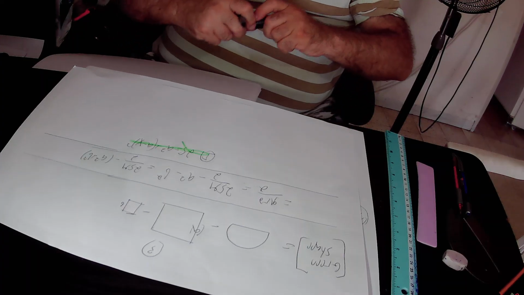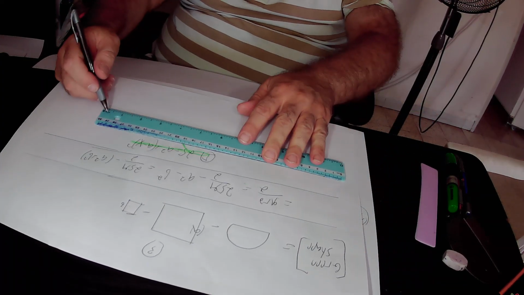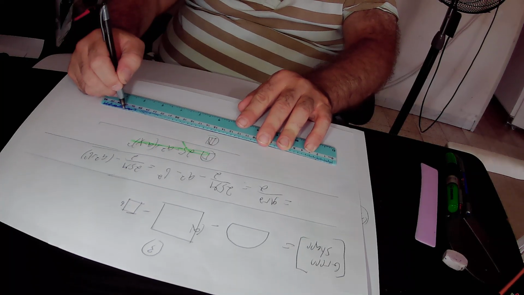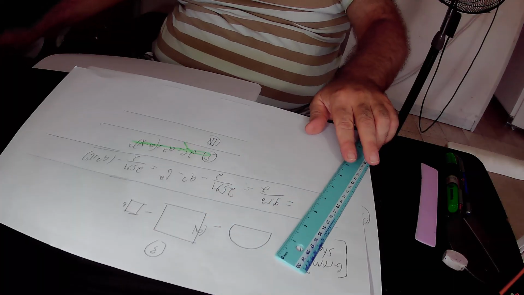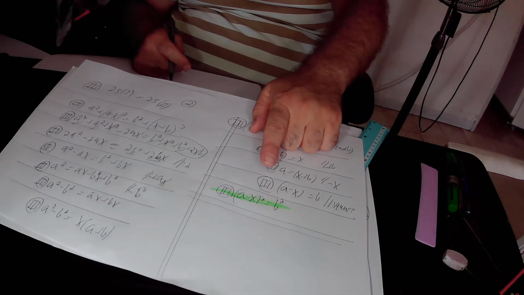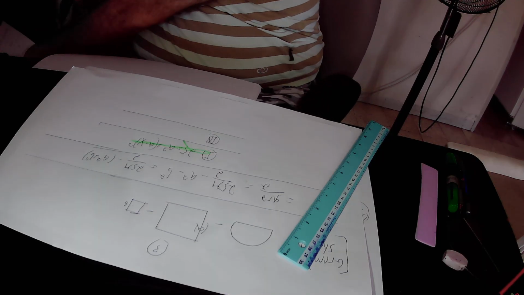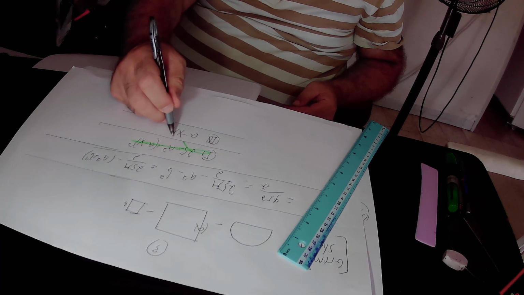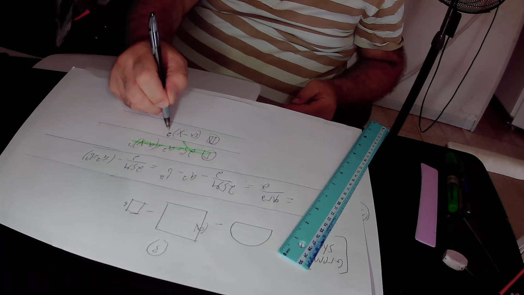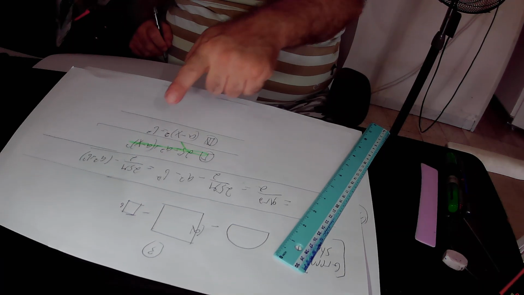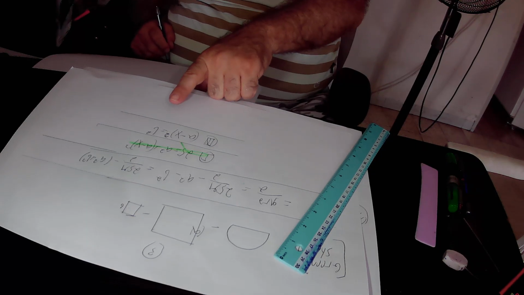But according to equation 3, we have already found out that (a minus x) square equals b square. So actually, we can substitute (a minus x) square in equation 1 by b square from equation 3.